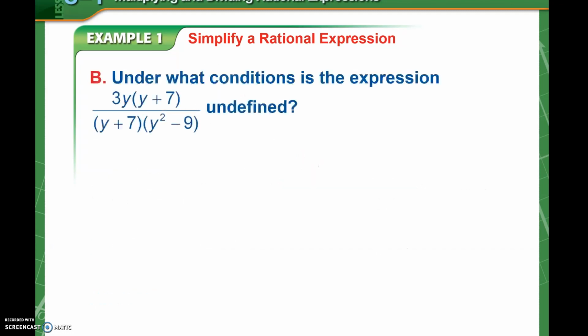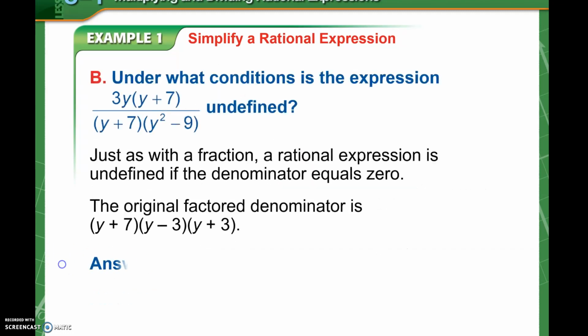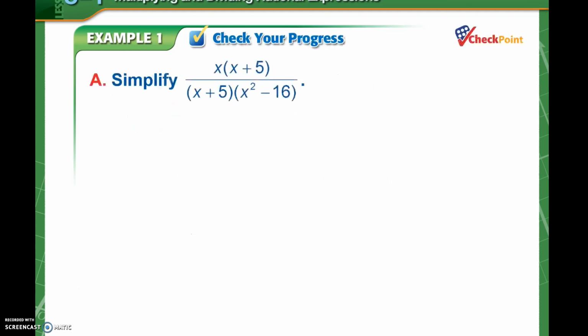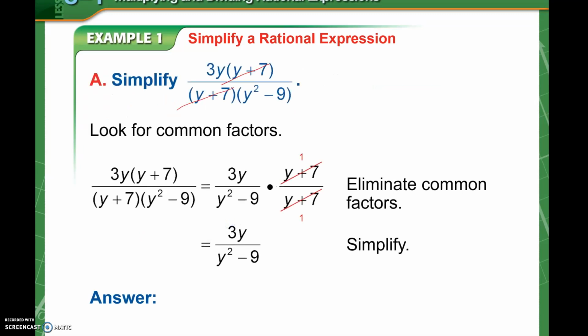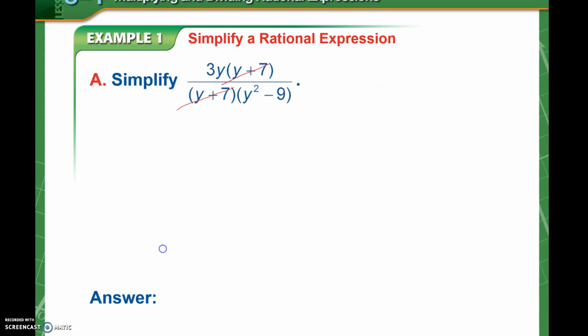We also want to talk about where this is undefined, just like we saw yesterday. What values would make this undefined, or 0 in the denominator? So y cannot equal -7.